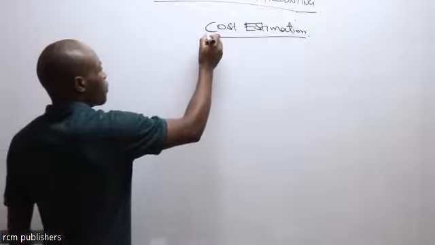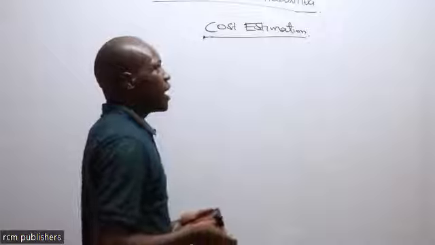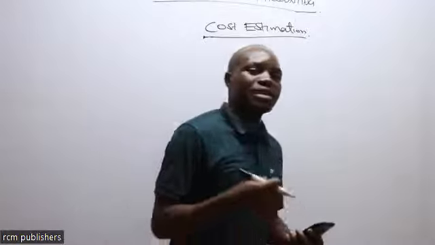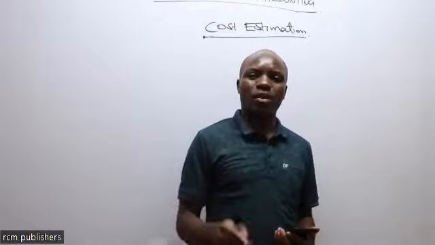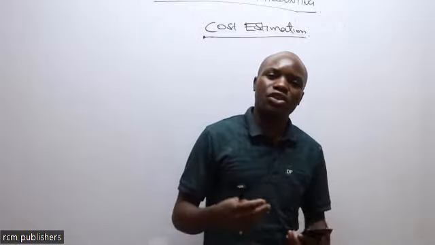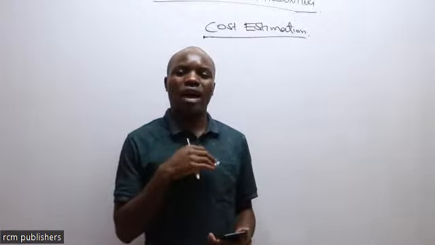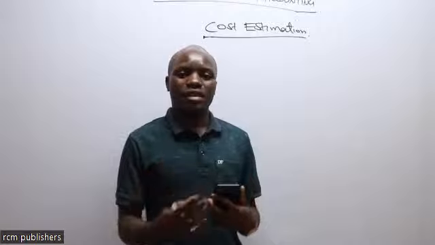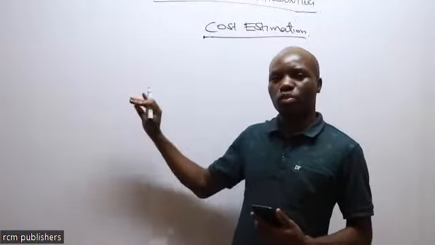Under cost estimation, remember, this company wants to come up with a costing system, a standard system whereby if I want to produce 40 units, I don't need to sit down and again start doing the workings of direct material, direct labor. No, I have an automated system whereby I only input the units that I want to produce.